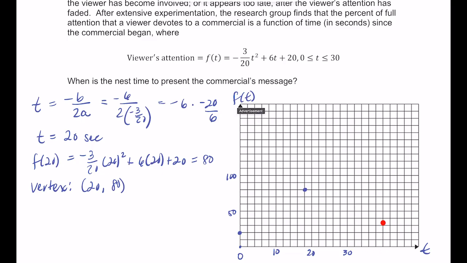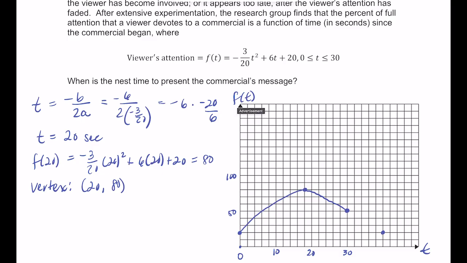But it would go like right about here, to get an idea. And we would sketch it here. It would look like a parabola, but again, I'm only interested in 0 to 30 seconds. So I'm going to kind of stop right there.